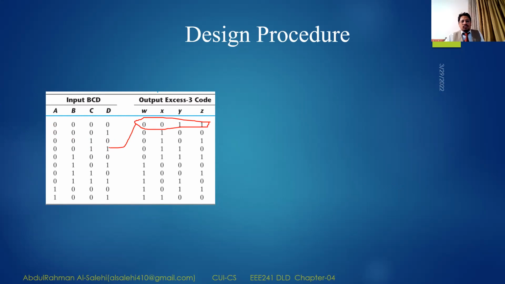Now, for example, if I take this one, 0, 1, 1, 1. What is it? 0, 1, 2, 3, 4. 4 means that 7. Let's come here. See, this is this one, right? So 0, 1, 2, 3, 4, 5, 7.